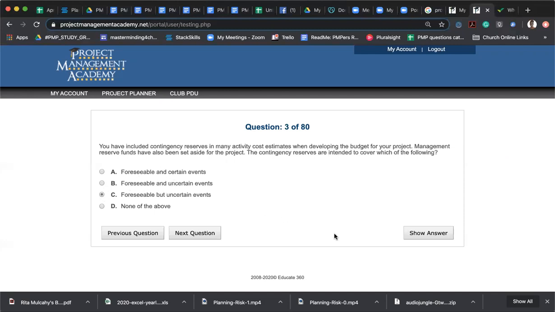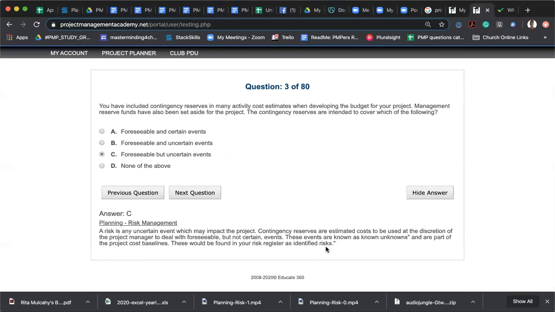It is C, right? Is any uncertain event, right? Contingency, discretion of the manager. Yeah, known unknowns. That's what it is. They just use other words to kind of trip us up. And this would be found in your risk register as identified risk.